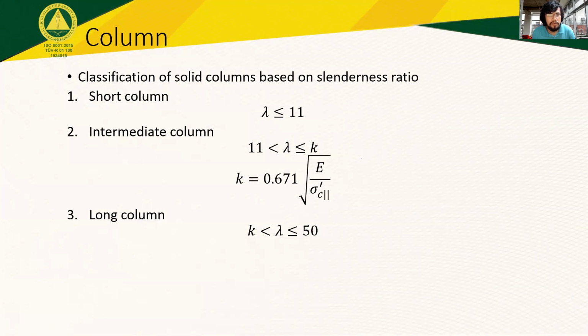If the slenderness ratio is less than or equal to 11, it's a short column. But if it's based on this arbitrary number or factor K, which is 0.671 times the square root of the quantity E over the allowable compressive stress, where E is the modulus of elasticity of the wood, this K is the limit to determine if it's an intermediate column or long column.